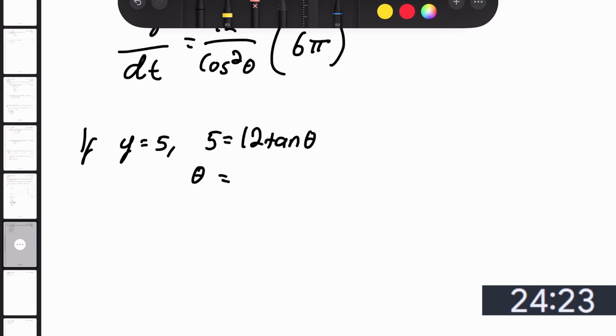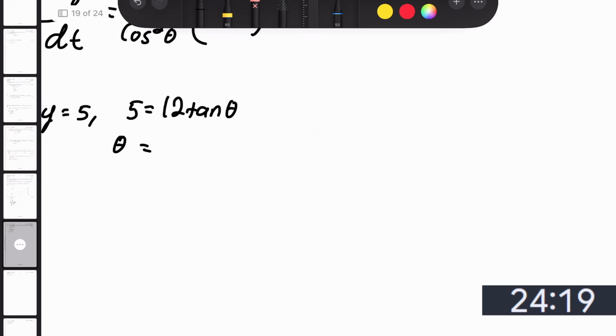Put this in my calculator. What is that? Okay, theta is 0.3948 radians.